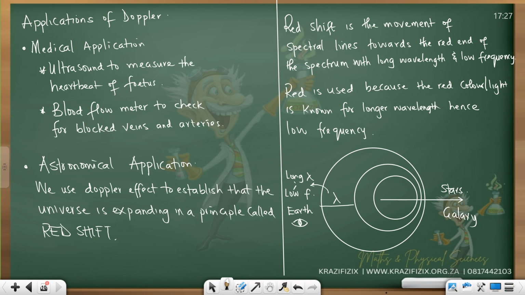Red is used because the red color or light is known for longer wavelength. So as the stars are moving away, what's happening? The wavelength of what they are sending to us is increasing. That's why we call it a red shift. Guys, are we okay?